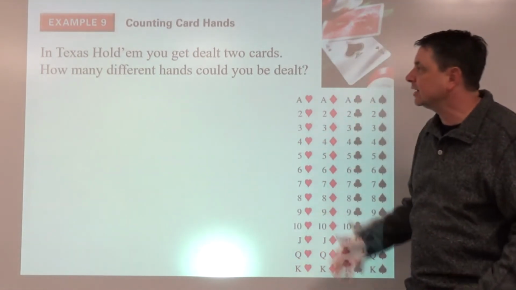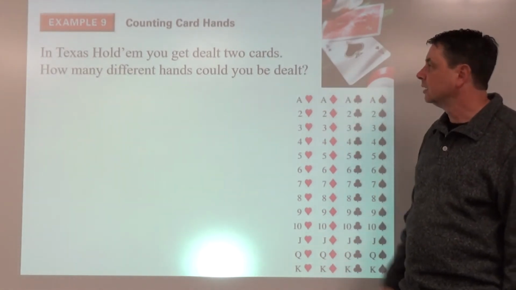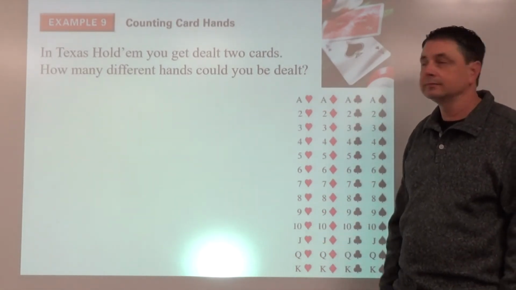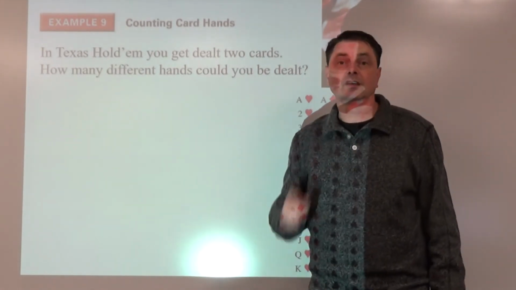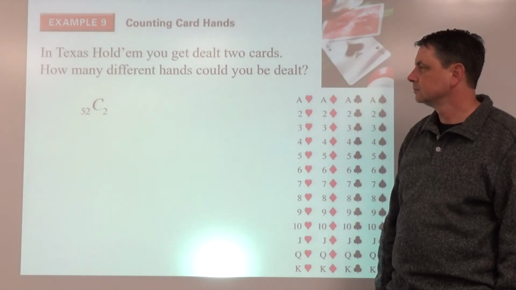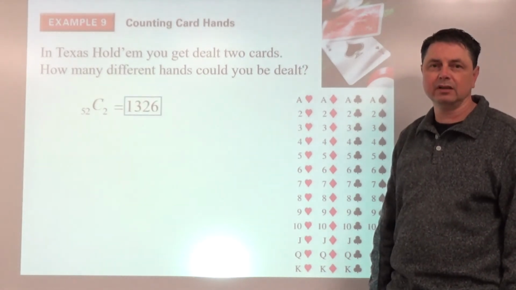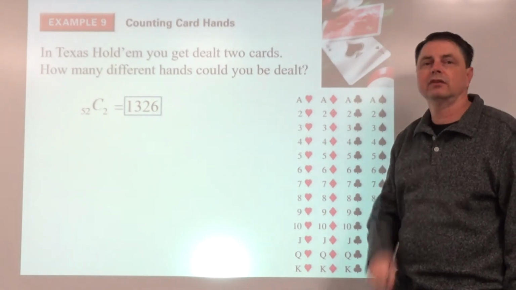All right, so how many cards do we have to choose from? There are 52. How many do we actually get? 2. 52C2 means there's 1,326 different starting hands of 2 cards.